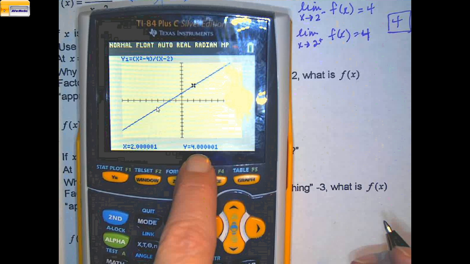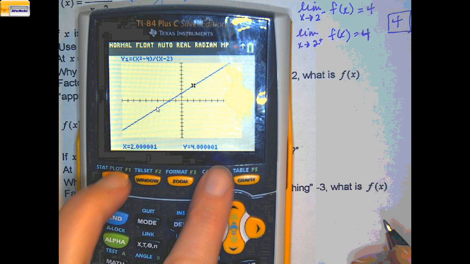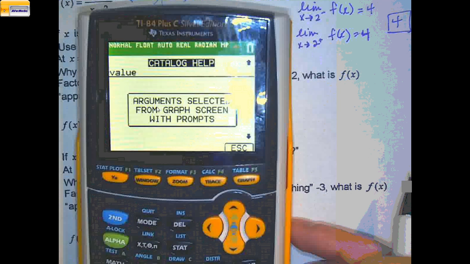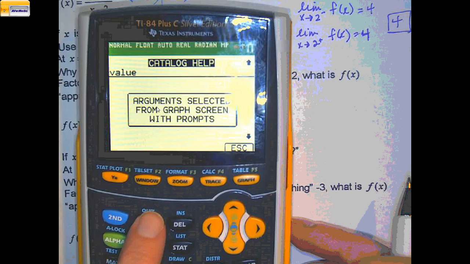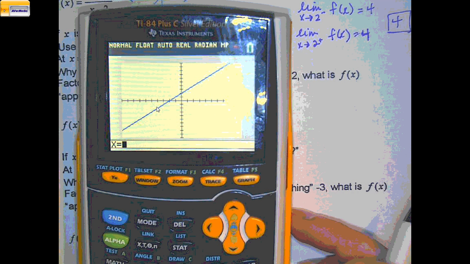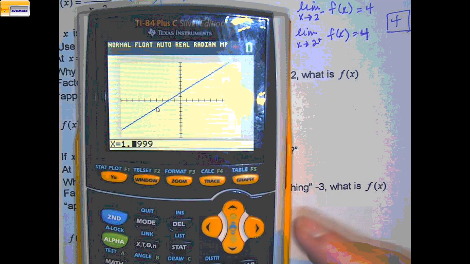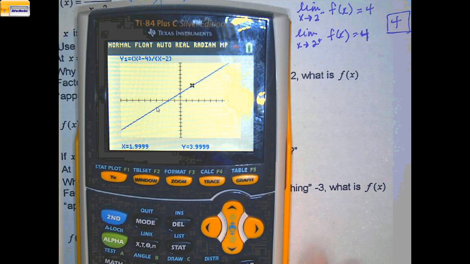So that's another fun feature that you can use as well. Another way to get there is second, trace button, and you can hit 1 for value. Whoops. Sorry, I screwed up. My bad. There we go. And then you can type in a value like 1.9999. Did I just hit negative? Sorry. And then it'll give me 3.9999. You can do it that way as well.